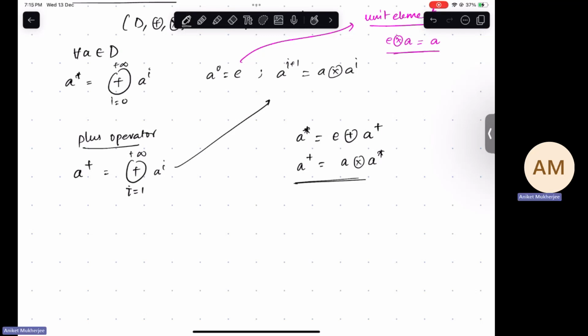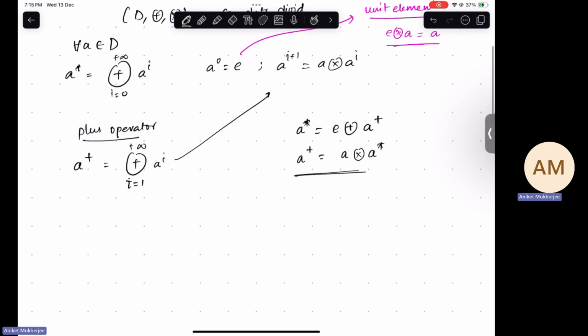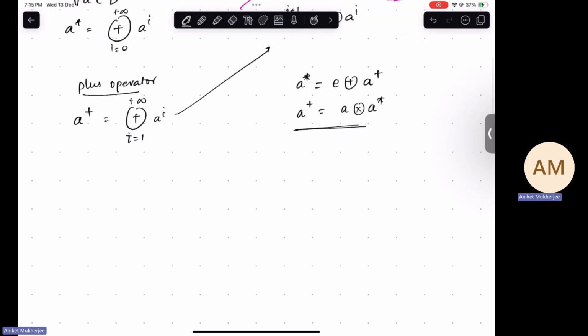Next, we'll see some properties of the Kleene star operator.